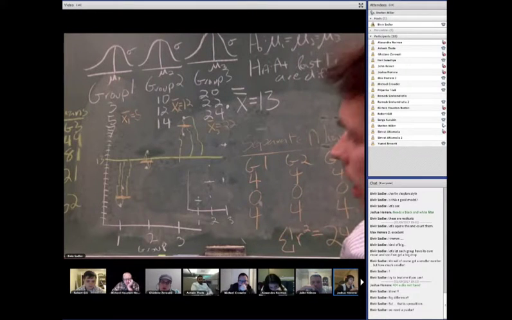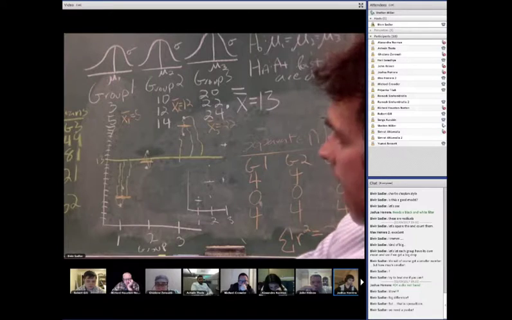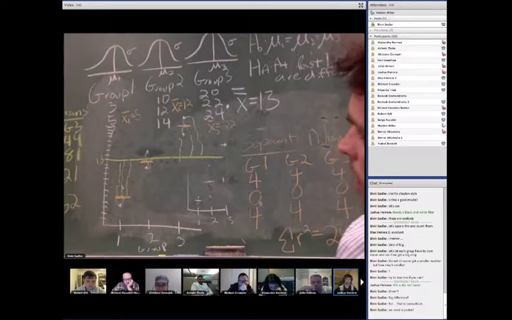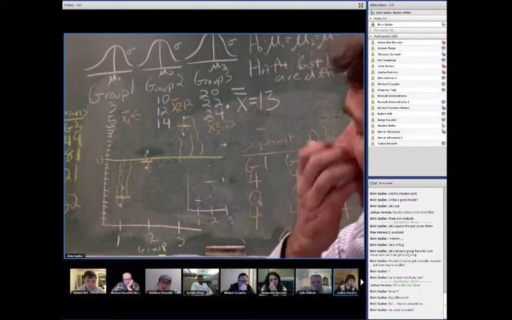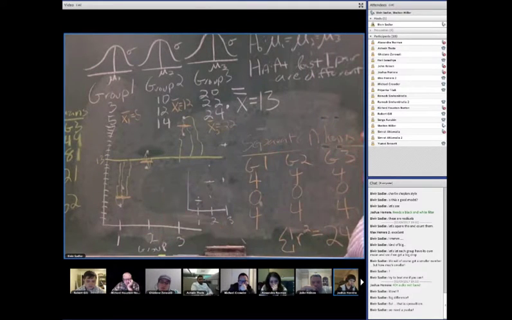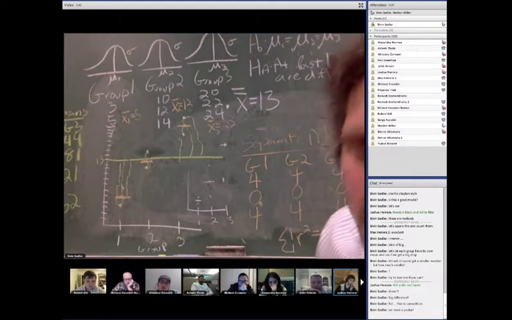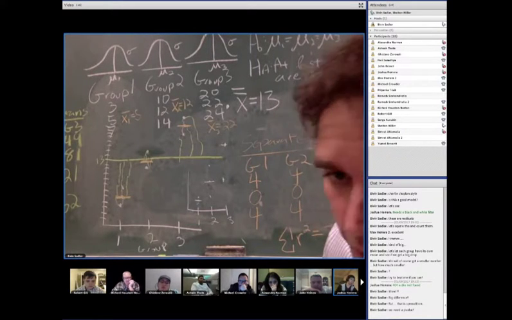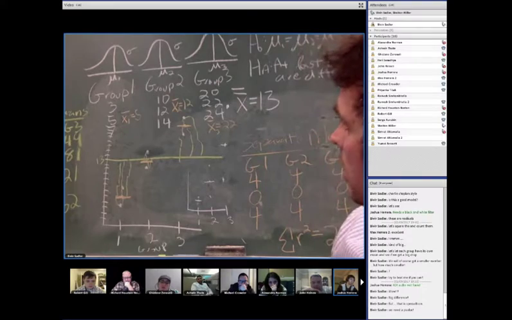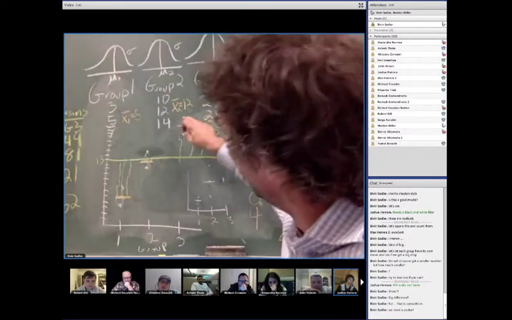But another reason why we have that equal standard deviation assumption is that when we run our tests, we're going to pool the standard deviation, just like we did in the pooled sample t-test. When you pool the standard deviation, I'm going to get a sample S1, S2, and S3.